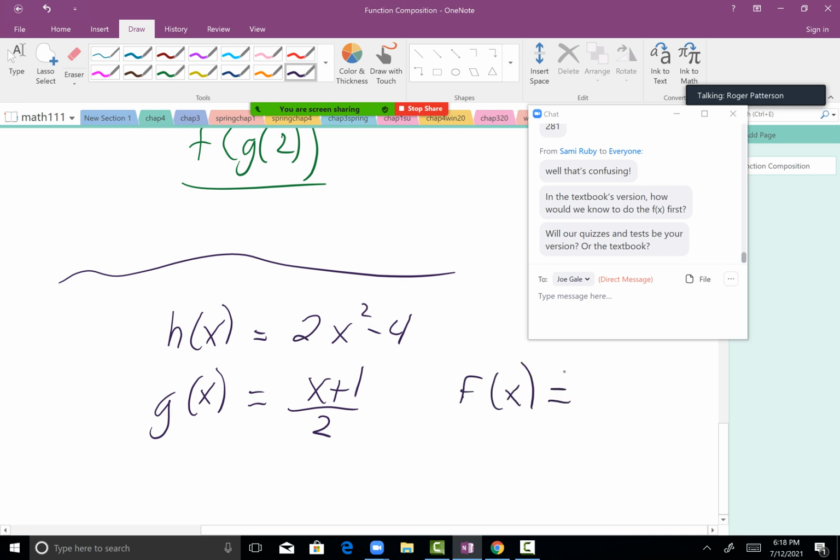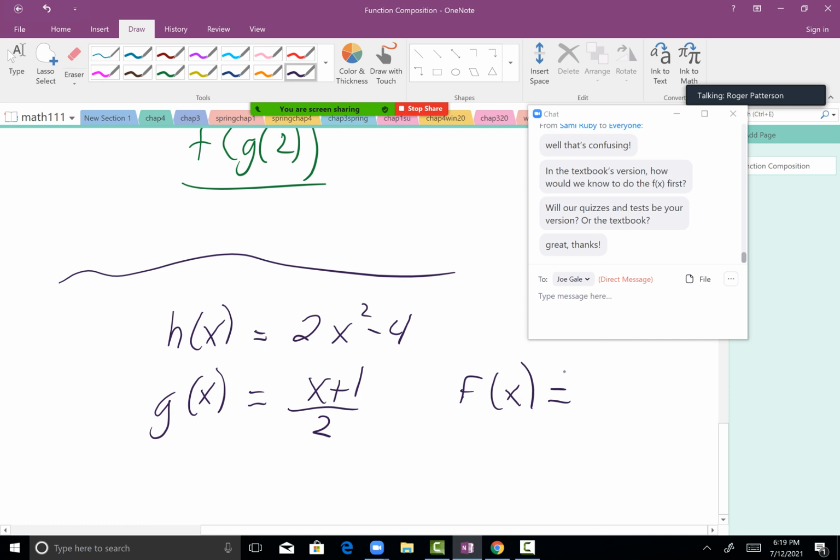I like to use my version for the tests and quizzes. I'd rather use my version. I think it's only because I think it's easier. Now, if some of you convince me otherwise, then I could change, or maybe I could figure out a way to make it both ways.